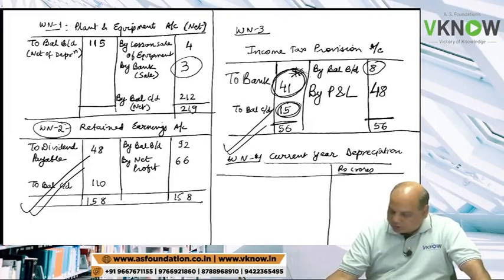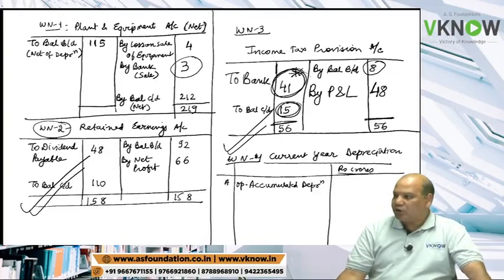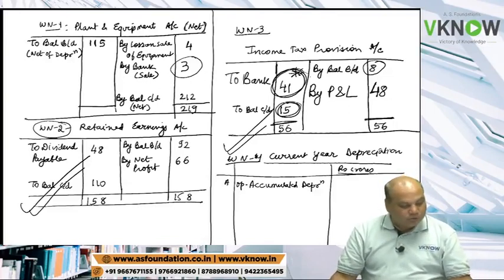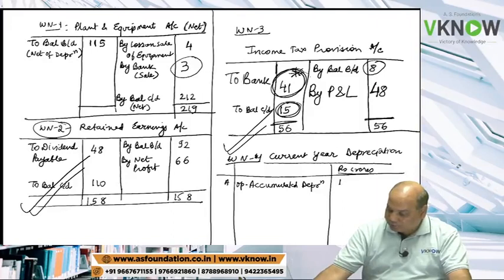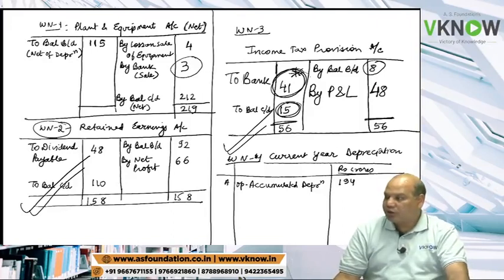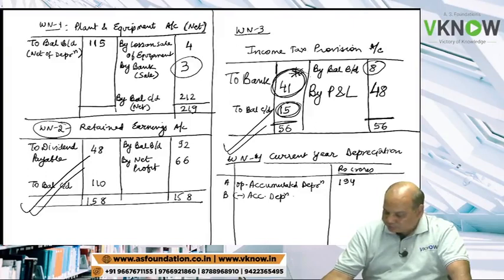How to find current year depreciation? First, A: opening accumulated depreciation, which will appear in the opening balance sheet, asset side: 194. Point B: less accumulated depreciation on asset sold.